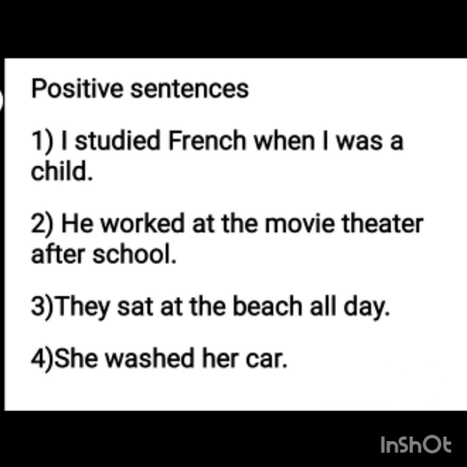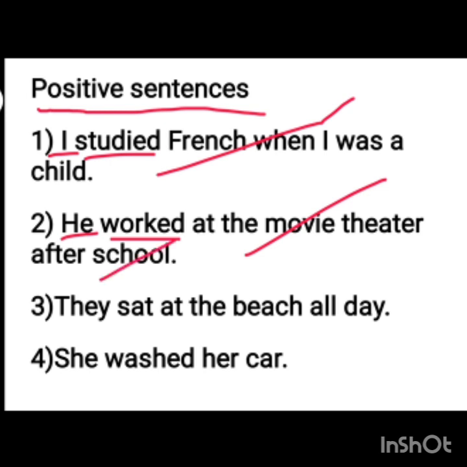So we shall see some example sentences. In the positive sentence we may frame: I studied French when I was a child. He worked at the movie theater after school. They sat at the beach all day. She washed her car.